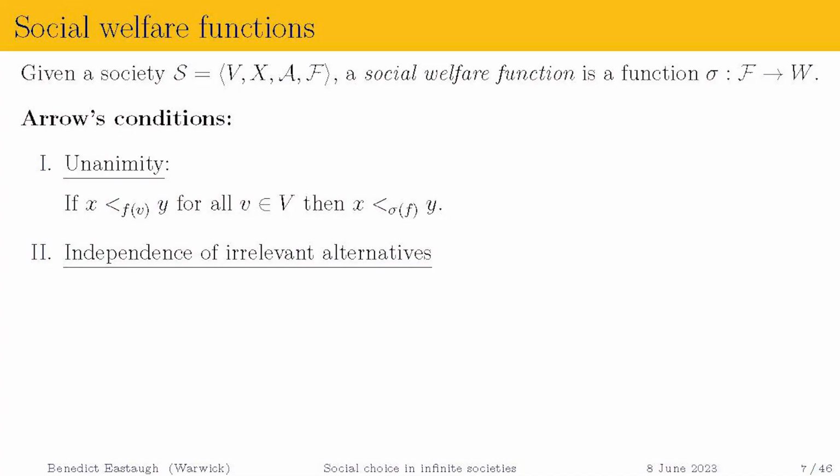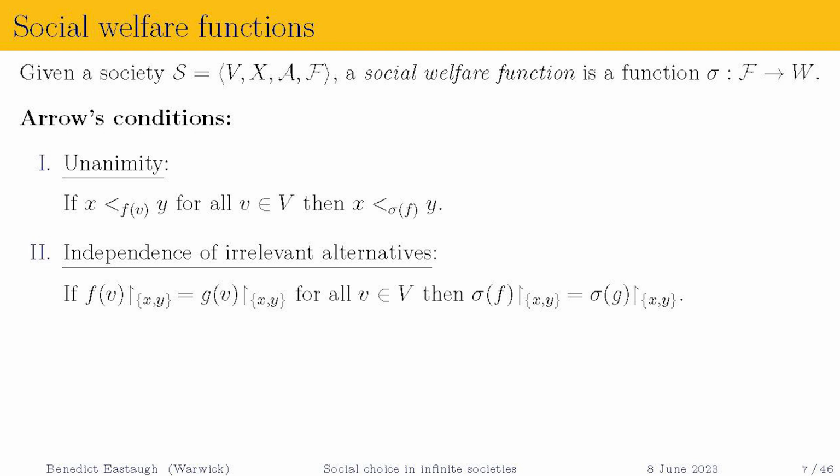The second condition, independence of irrelevant alternatives, which mostly I'm just going to call independence, is a bit more complicated and a bit more controversial. Roughly the idea is, if we have two profiles, call them F and G, so maybe different elections, and they agree on two alternatives, call them X and Y, then the outputs of the social welfare function for those two elections should also agree.